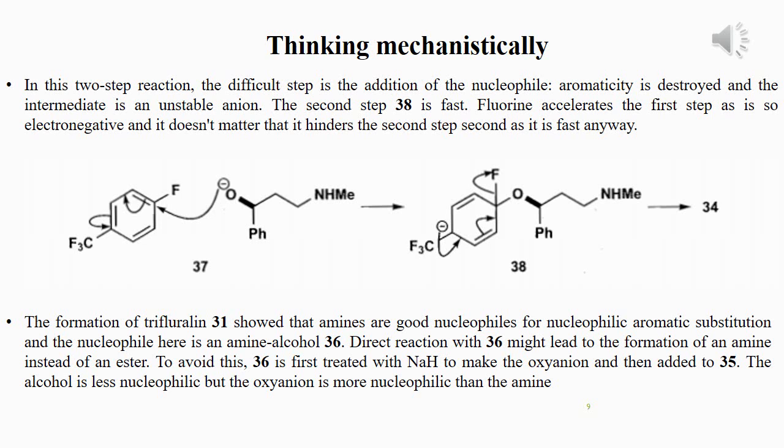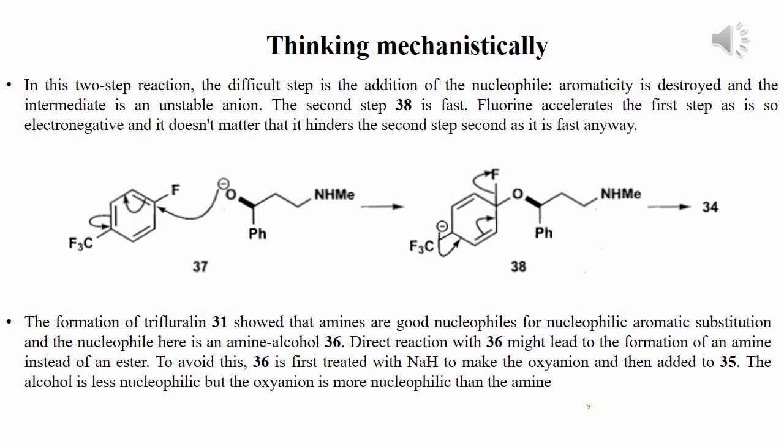But right now, the direct reaction of 36 might lead to the formation of an amine instead of an ester, and we need an ester, 38, as an intermediate. If we want to make an ester, the alcohol must attack on the aromatic ring.